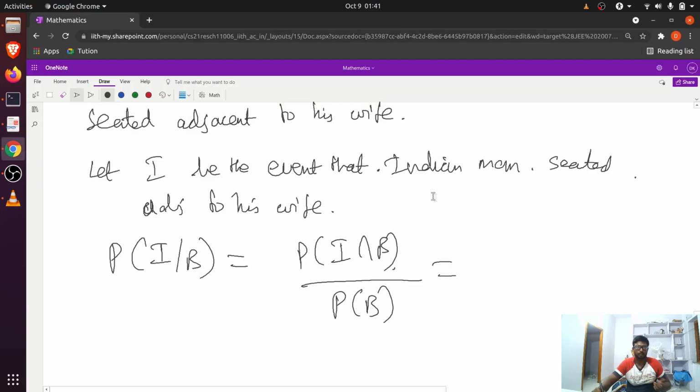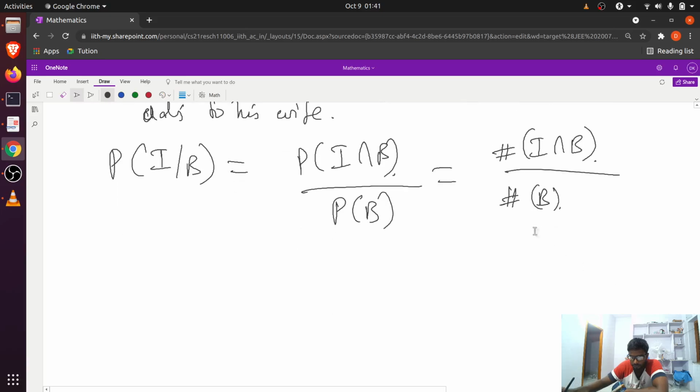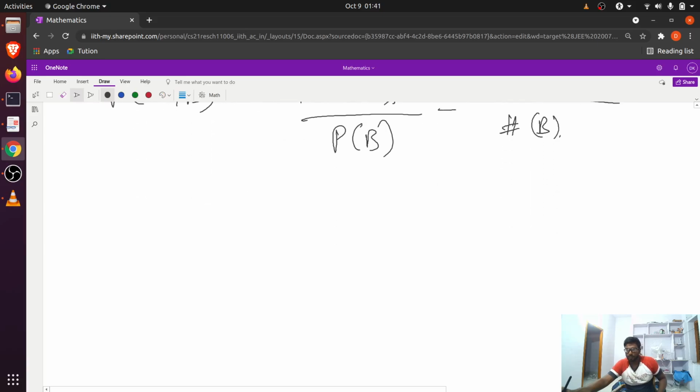So this will reduce to the number of ways you can arrange this divided by the number of ways you can get B. This symbol simply denotes the cardinality of a set, and every event has a set.